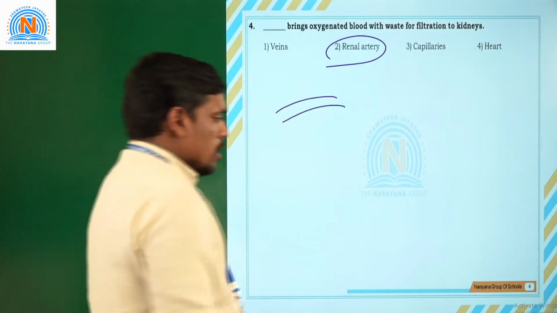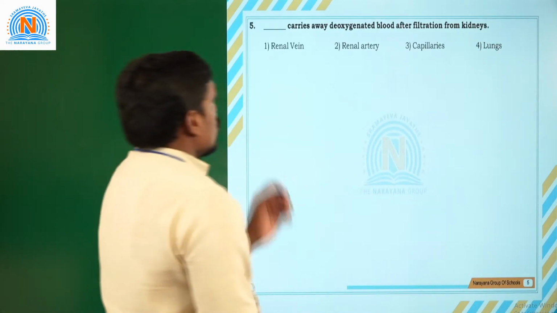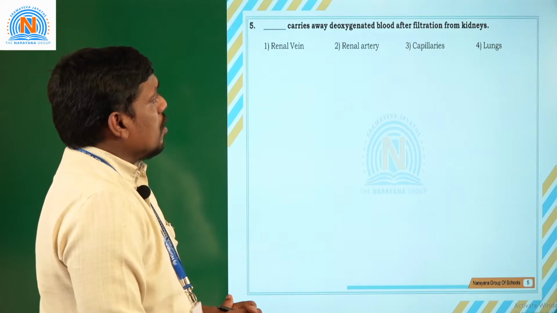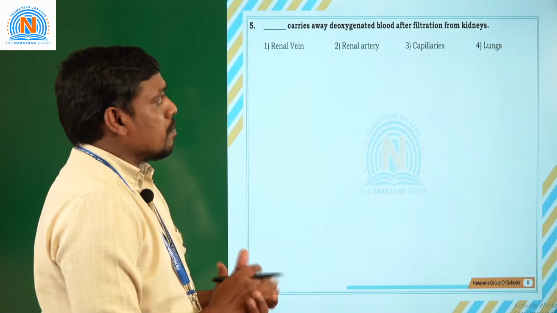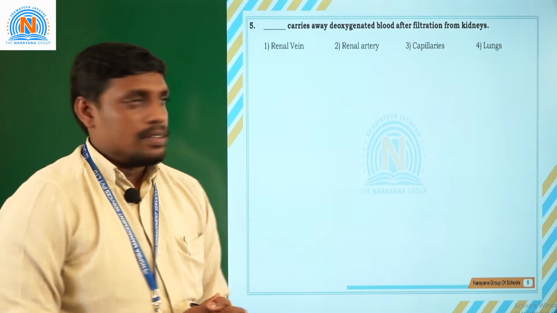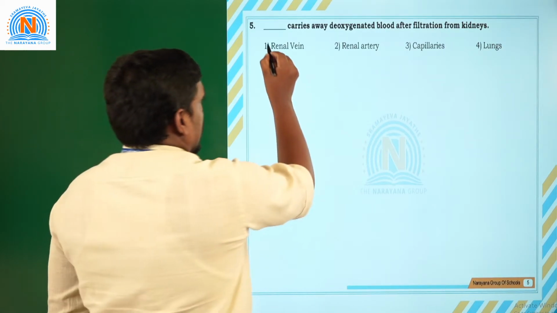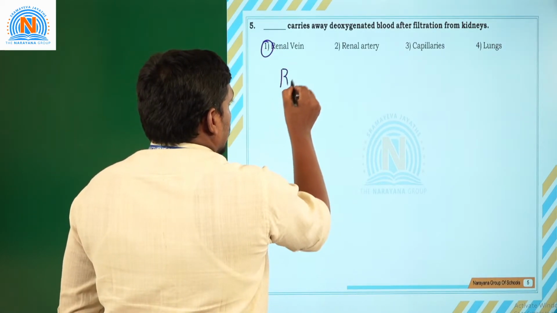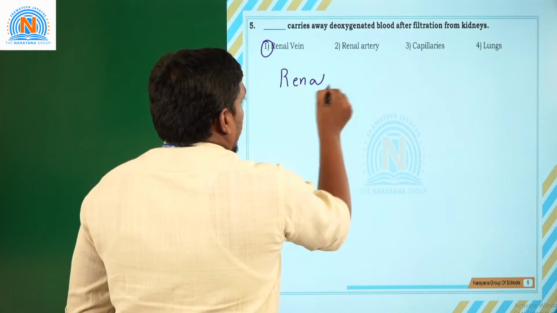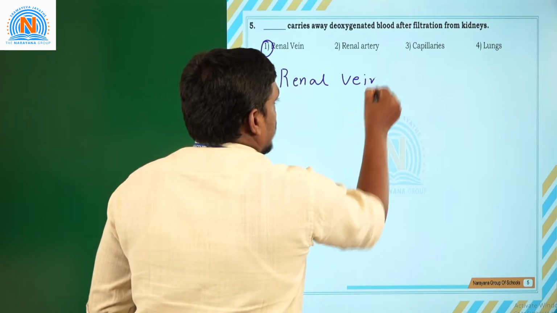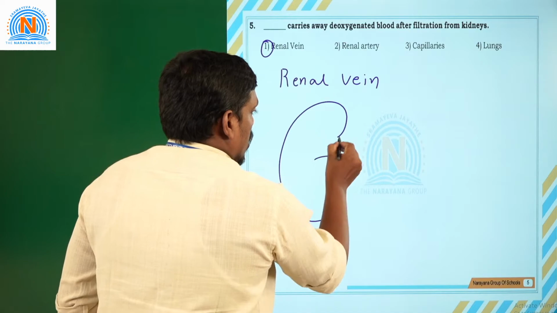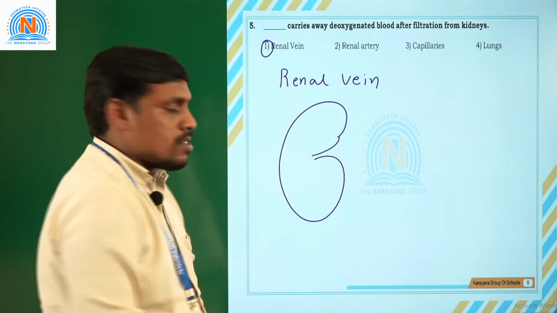Moving on to the next question. Dash carries away deoxygenated blood after filtration from the kidneys. The option is renal vein. You might have seen the renal vein that arises from the kidney. Suppose we take the structure of a kidney, generally a bean-shaped structure.